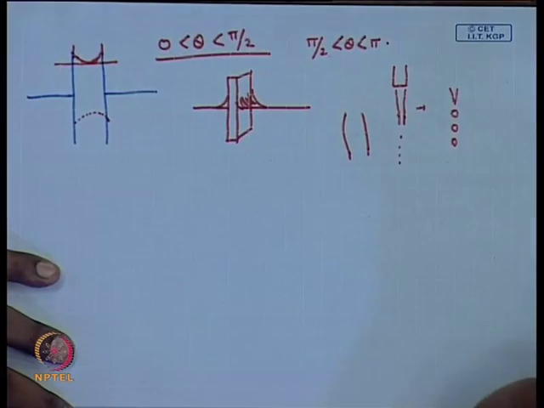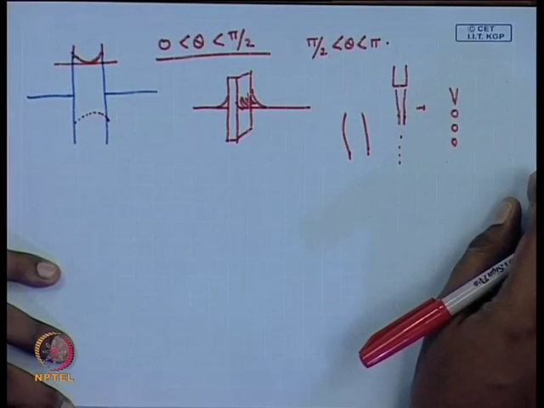So, you can just try it out, or you can correlate it to real life situations with what you are studying here, but this, as we will discuss in the next class, is due to what is known as the Rayleigh instability.